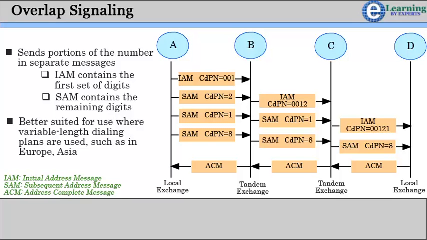After the IAM is sent from exchange C to exchange D, the destination exchange is fully resolved. Exchange D receives SAMs containing the remaining digits needed to identify the individual subscriber line.